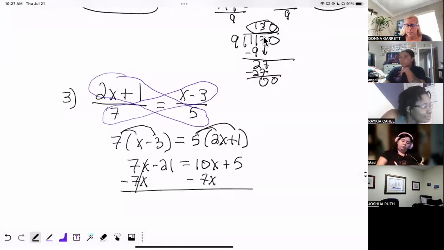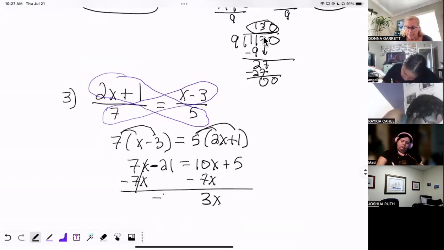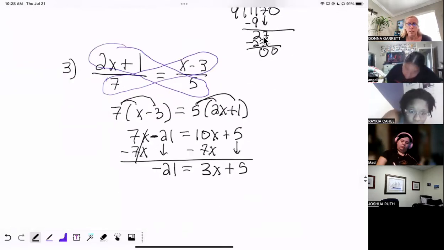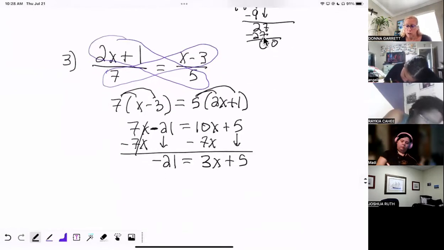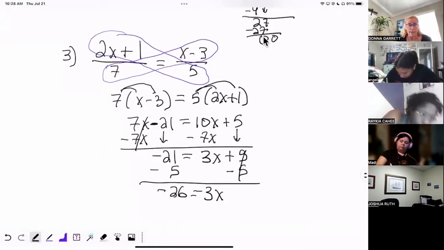Because you could subtract 10x, but I like to keep it as a positive x instead of a negative x. It's no big deal. Whatever one you like. Be really careful right here. See that negative 21? That has to come down as a negative and then plus 5. So that comes back down and that comes back down. Now we got our x's on one side. We're going to subtract 5 to get all our numbers on the other side. So 3x is equal to negative 26, because they're the same sign, we add them and keep the sign.